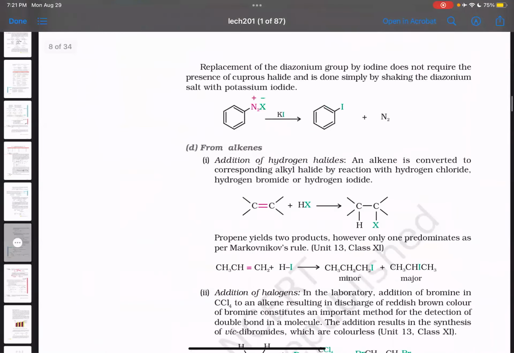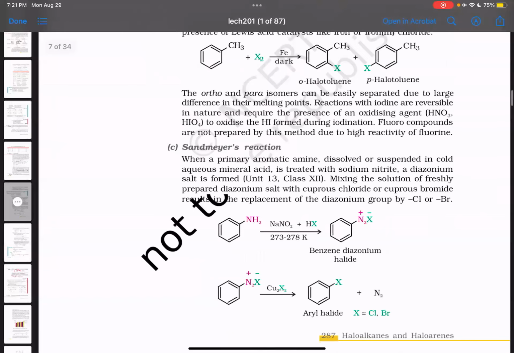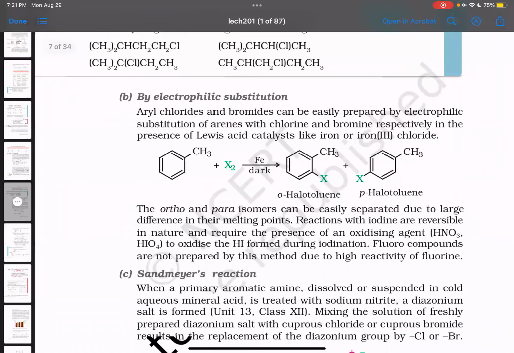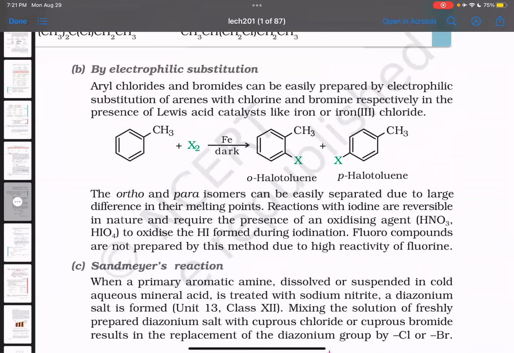Yeah, this one. So this is an electrophilic substitution reaction, because of how you generated the electrophile, by taking a Lewis acid catalyst. This is Fe dark, FeCl3 or FeBr3, a Lewis acid catalyst like iron(III) chloride.